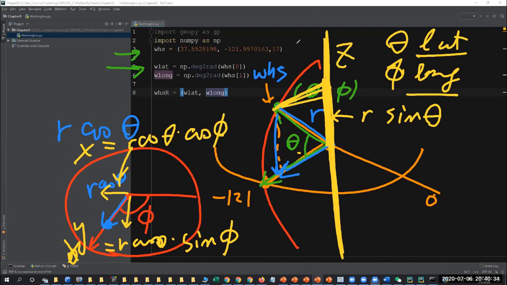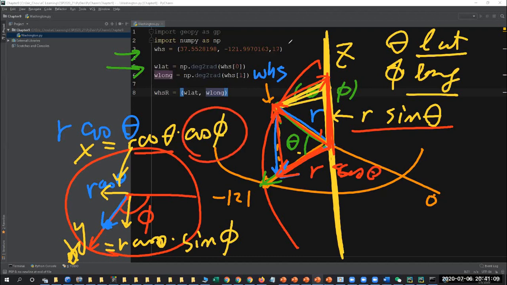You need to do your projection from here to here, and this one is R. This is theta, so this length is R sine theta. R sine theta is your z direction coordinate. As for the x and y coordinates, you need to calculate the vector from Washington Hospital to the Earth's equator plane, and this projection is R cosine theta. Then R cosine theta times cosine phi and sine phi, you will get the x and y. Is that okay?